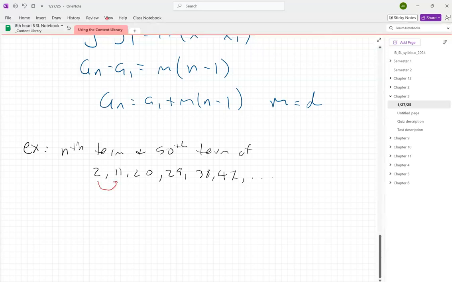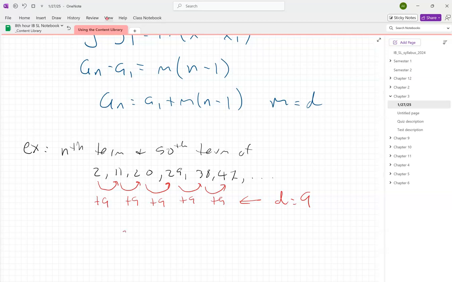To check if it's arithmetic, I'm going to check to see if the difference between the terms is a constant value, if it just stays the same. So the difference between 2 and 11 is 9. The difference between 11 and 20 is 9. The difference between 20 and 29 is 9. Stayed constant the whole time. So what this tells me is that my constant difference is 9. Is everybody okay with that?